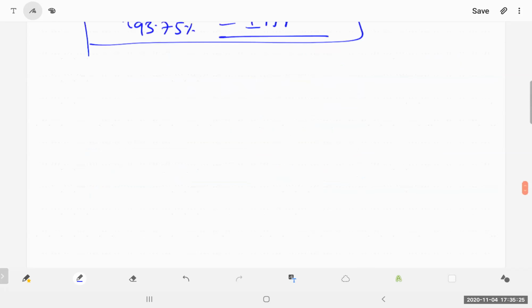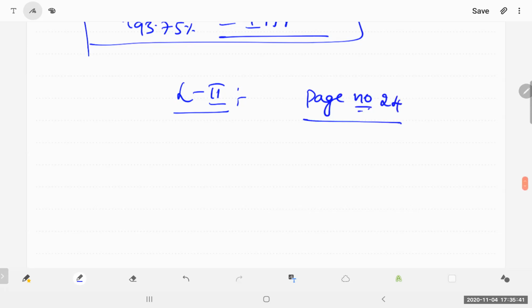Then level 2, page number 24, same topic. Question number 1. For the reaction A is equal to 0, then K is equal to 3.2 into 10 power 4 per second at 300 Kelvin. The value of K at 310 Kelvin?